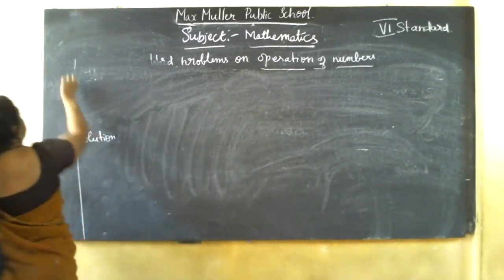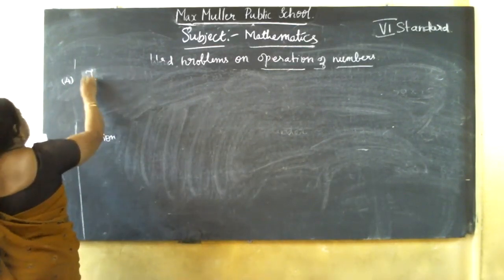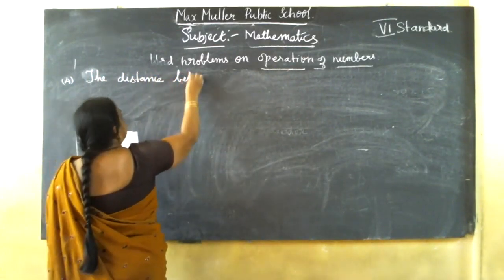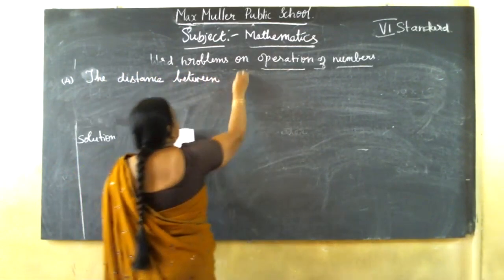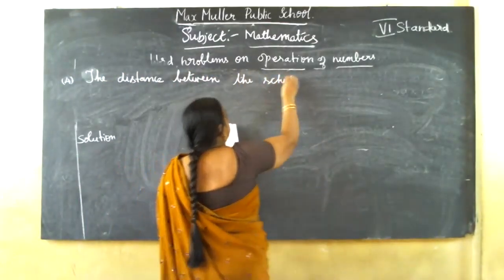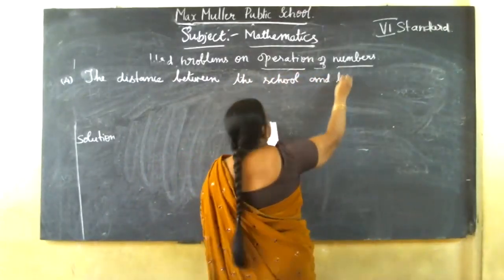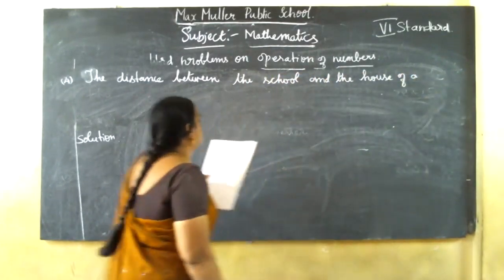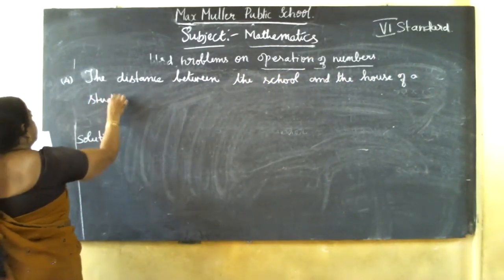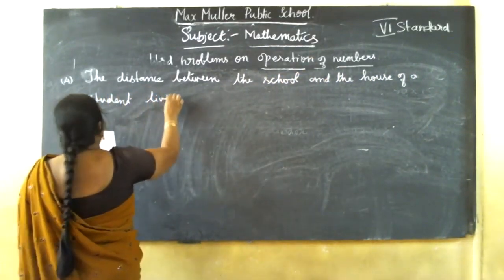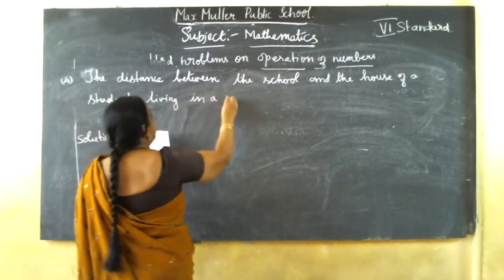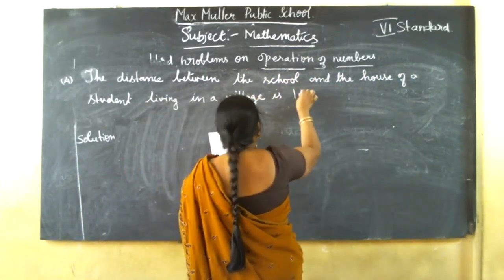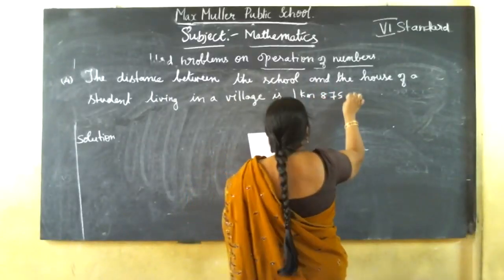Question number 4. The distance between the school and the house of a student living in a village is 1 kilometer, 875 meters.